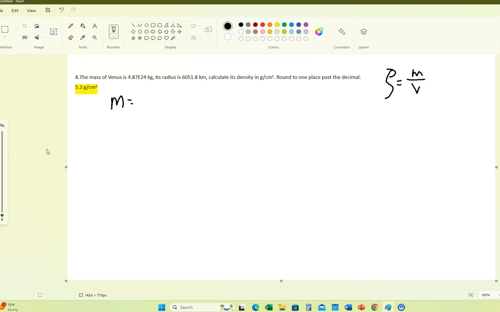It's 4.87 times 10 to the 24th kilograms. Just replace the k by times 10 to the 3rd. 10 to the 24th times 10 to the 3rd, you just add 3 to that.